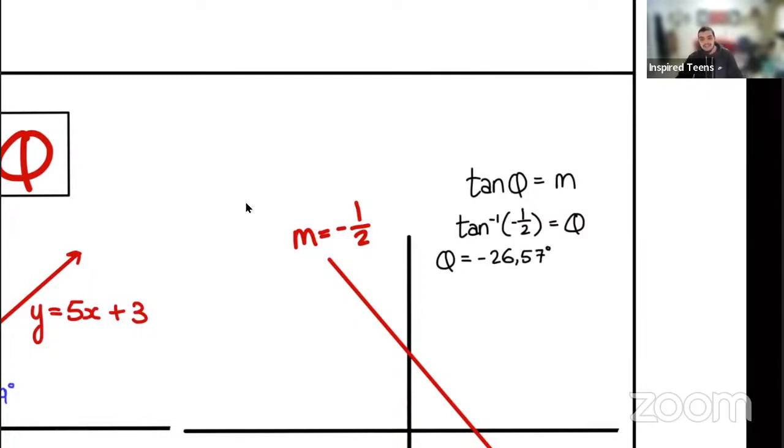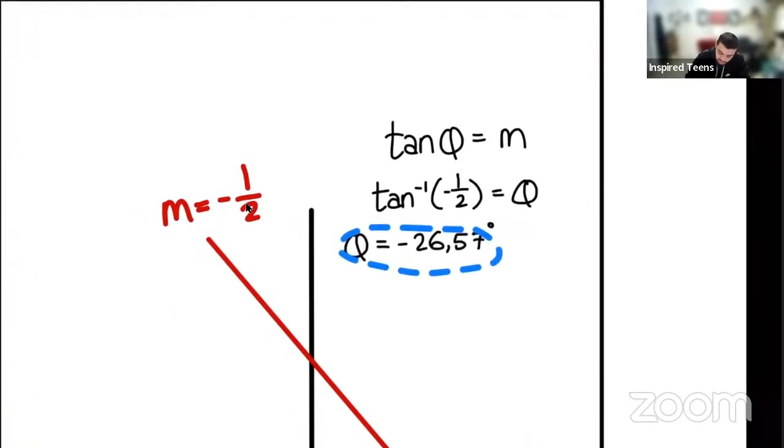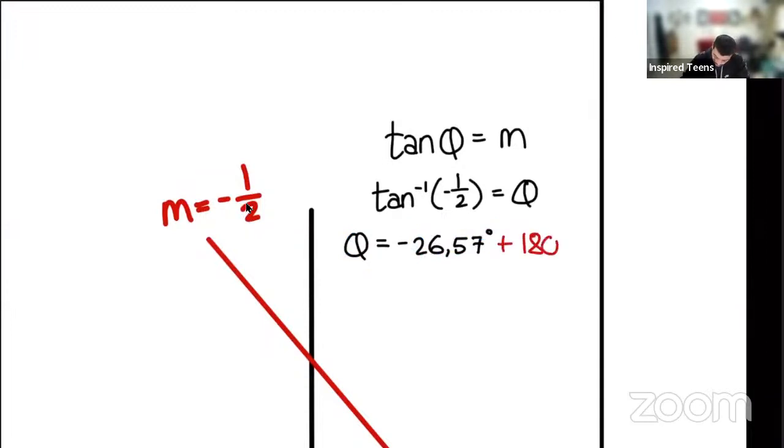Of course, I cannot get an answer with a negative angle. So what do I do in this case? Really simple. Whenever you're dealing with negative gradients, once you calculate your theta using shift tan, you then just add 180 to make it positive. So I take it in my calculator directly and add 180, and I finally get an answer for theta. Why do we do this?